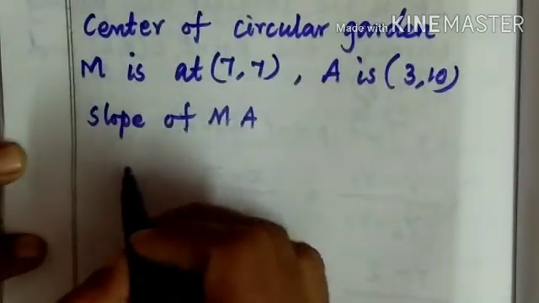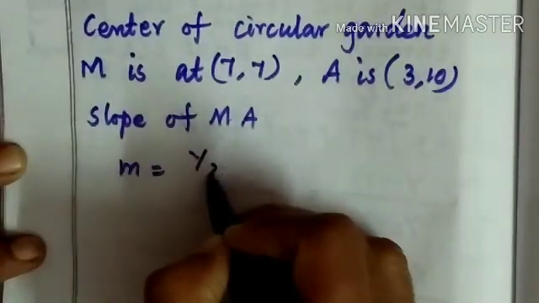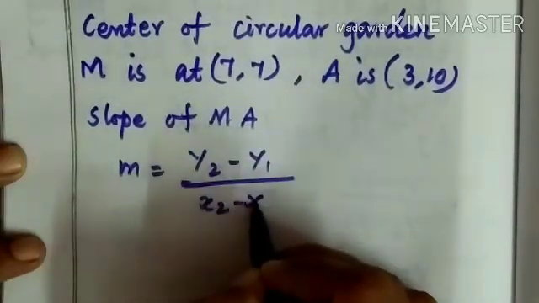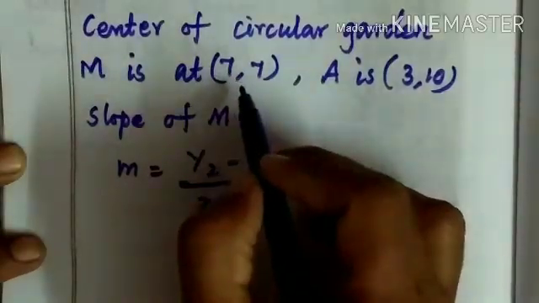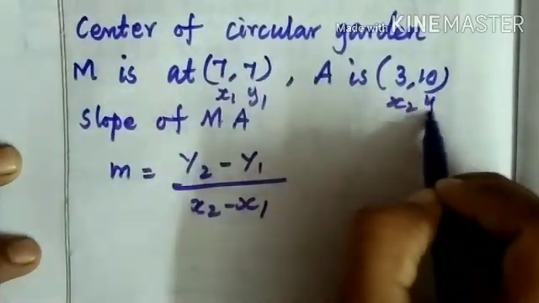What is the formula for slope? Yes, m is equal to y2 minus y1 by x2 minus x1. Let us assume this point x1, y1, x2, y2.